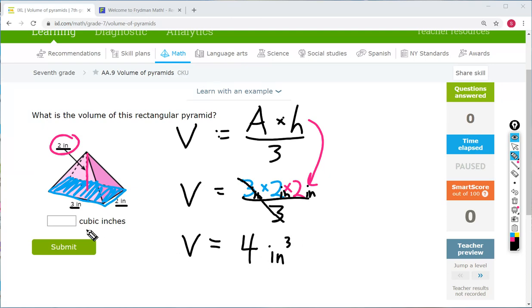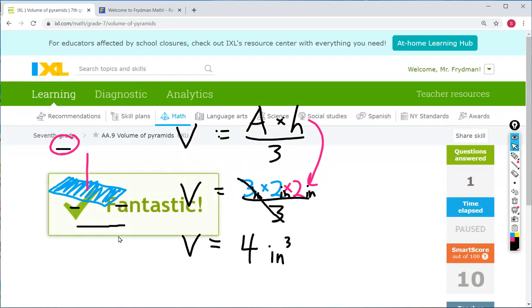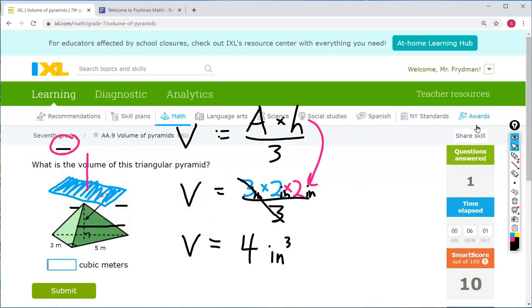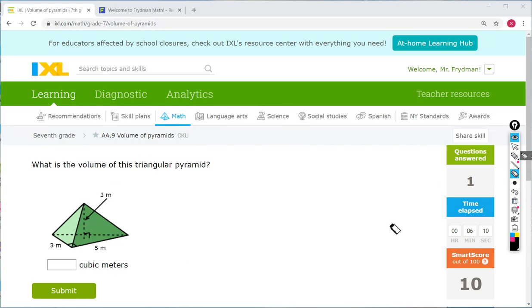Or in other words, cubic inches, which is what IXL tells you over here. So they already told you the units of the answer. You didn't have to figure that out, but I still like to mention it. So the answer for this one will be 4 cubic inches. Hit submit. All right, now again, I'll just erase everything.